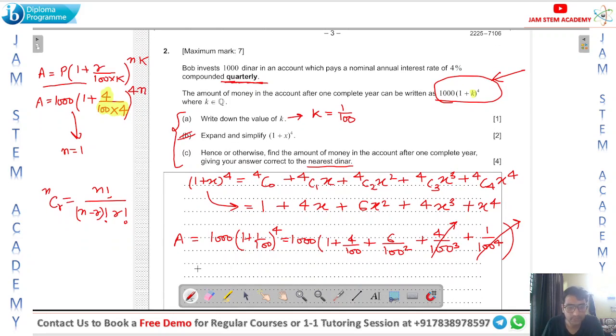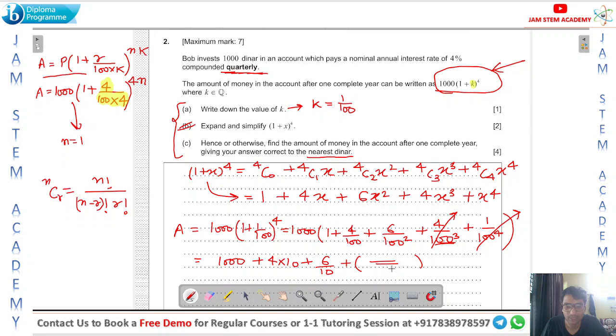We got 1000 plus 4 times 10 plus 6 by 10 and some values in decimals. I'm not writing these numbers, 4 times 1000 by 100 cubed and 1000 divided by 100 raised to the power 4. No need to write that. These are very small numbers.